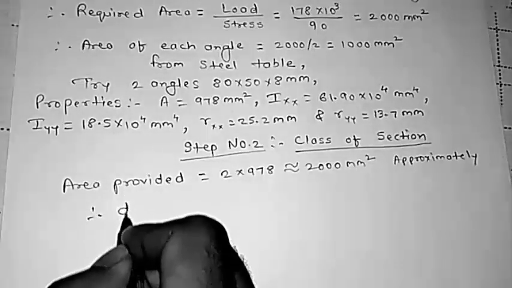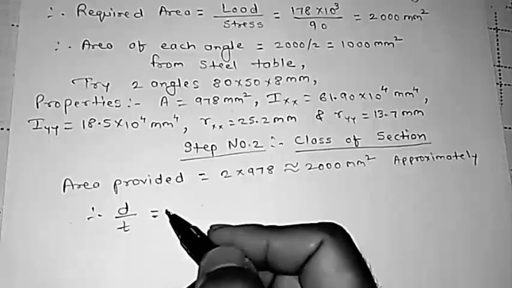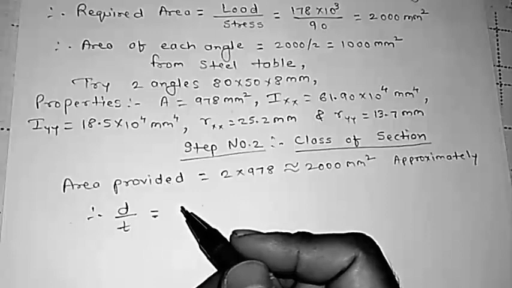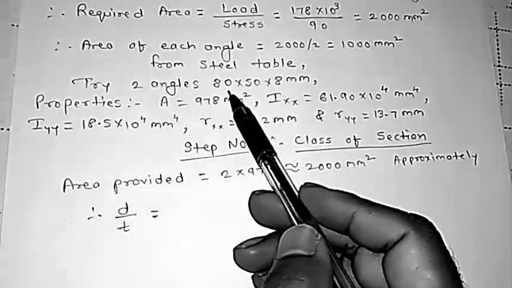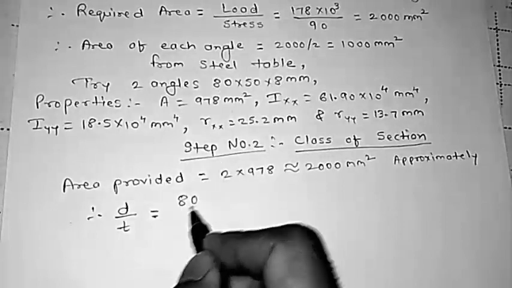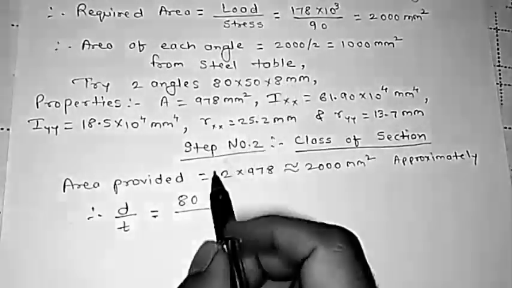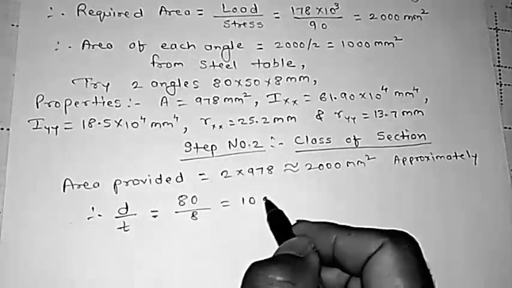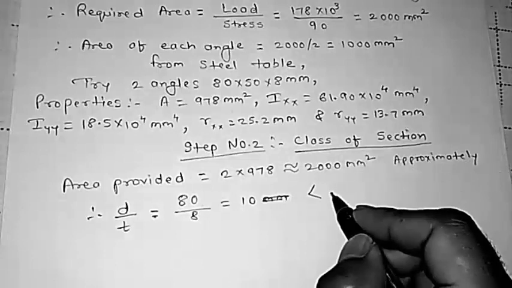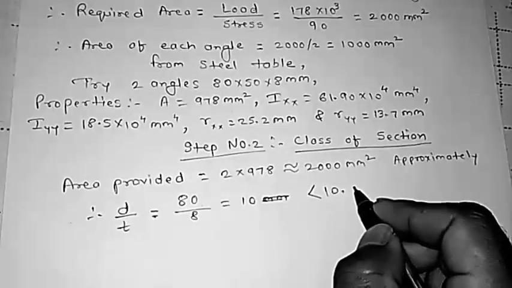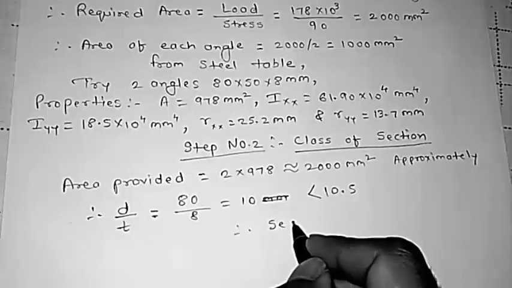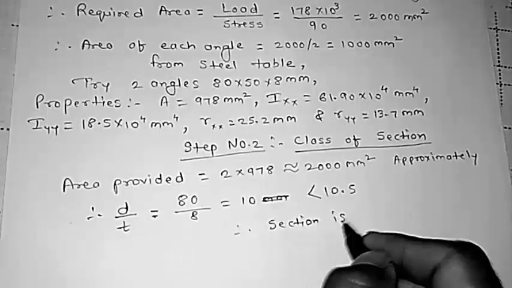So therefore d by t, we are considering here this 80 mm one divided by thickness, which is again 8 mm, so this is going to be 10, which is less than 10.5. So therefore we can say the section is compact.